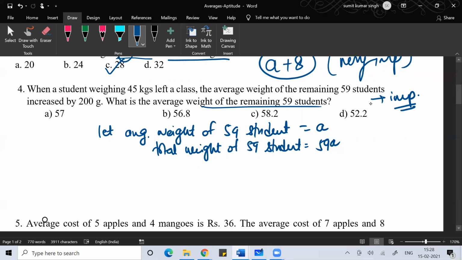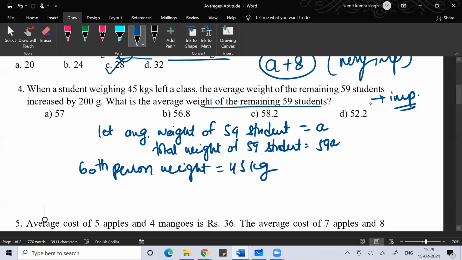Let the average weight of 59 students be A, then the total weight of 59 students is 59A. The 60th person's weight was actually 45 kg. So I visualize that when this person joined the group, the average weight decreased by 200 grams.